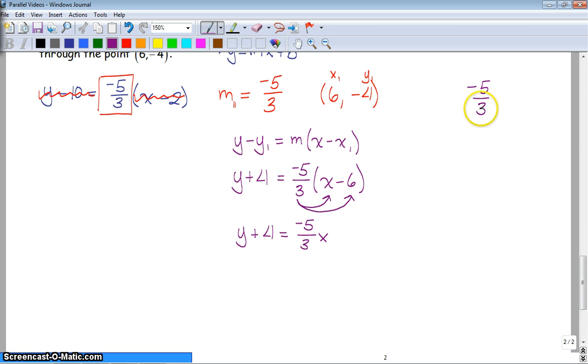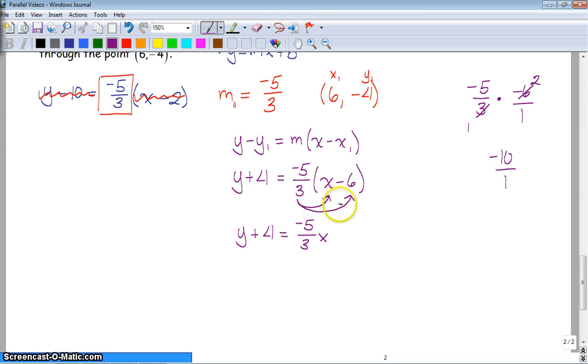Negative 5 over 3 times negative 6, or I can rewrite it as negative 6 over 1. You can cross simplify, so 3 and 6 are both divisible by 3, in which case you have negative 5 times negative 2, which is positive 10. 1 times 1 is 1.